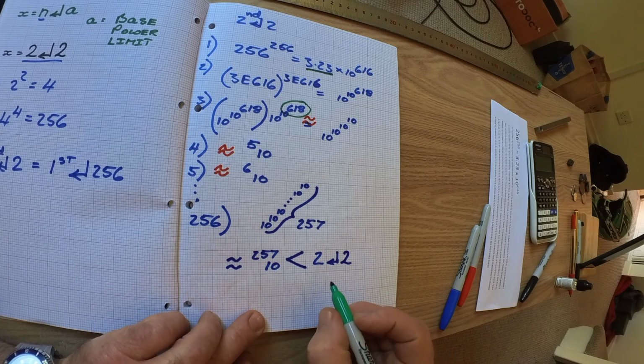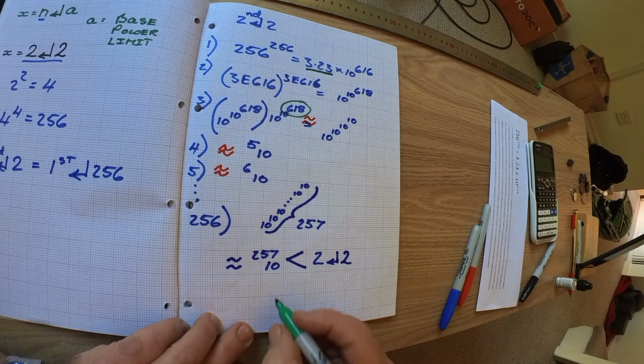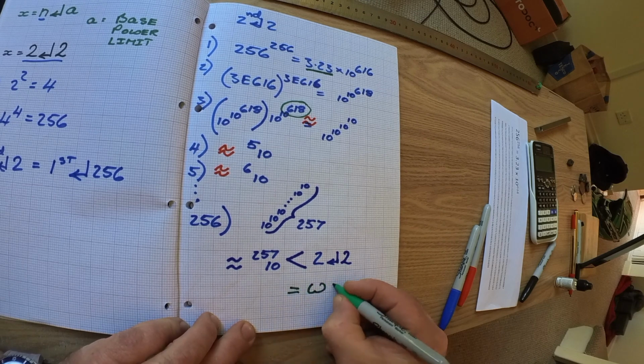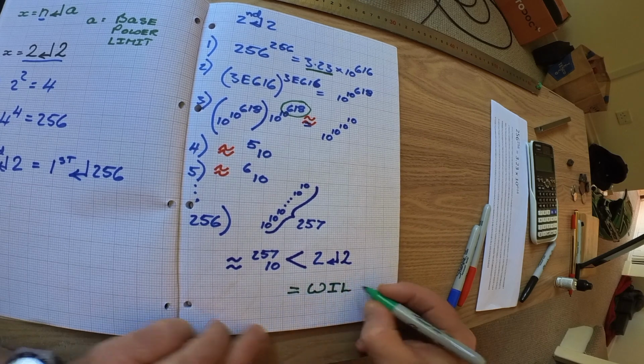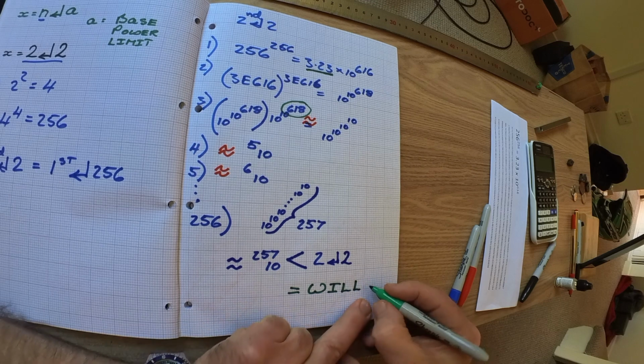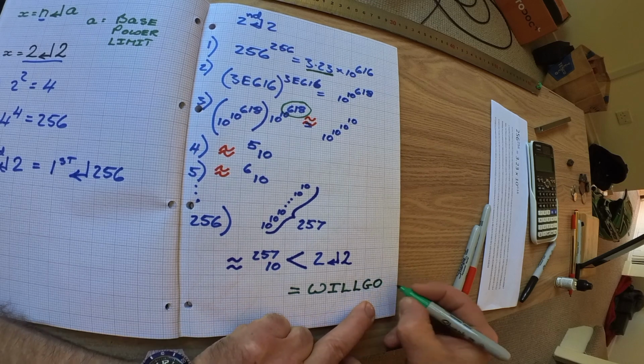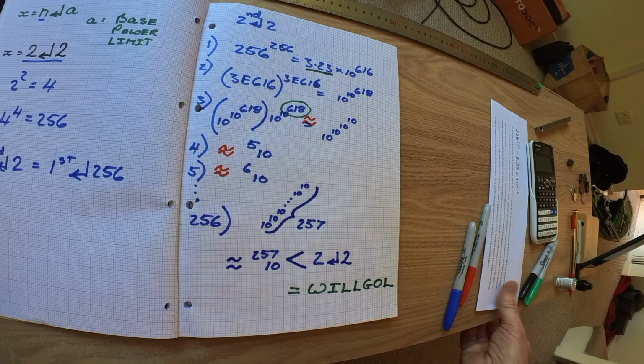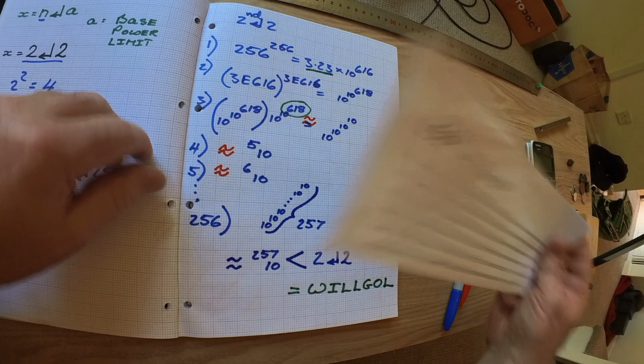Either way, the second returnation of 2 equals 1 Willgol. And even if you wanted to write that out, you wouldn't have space in the universe.